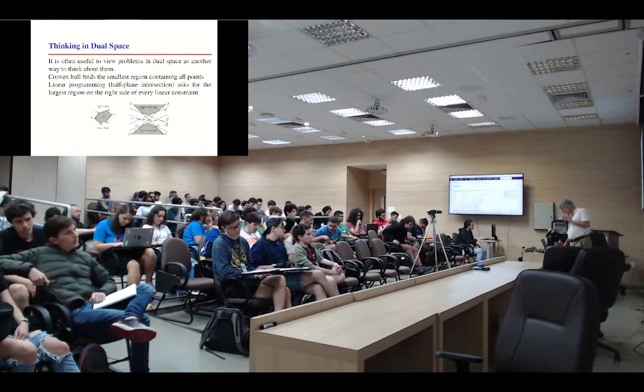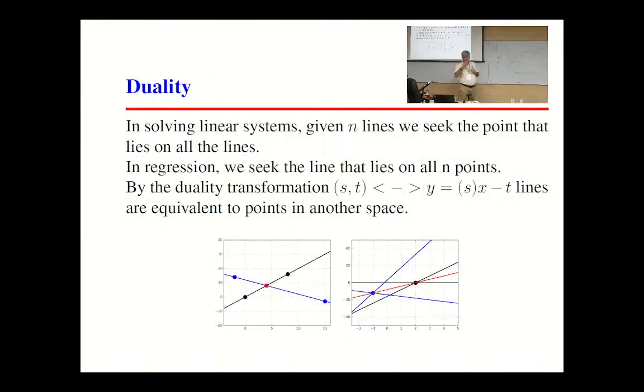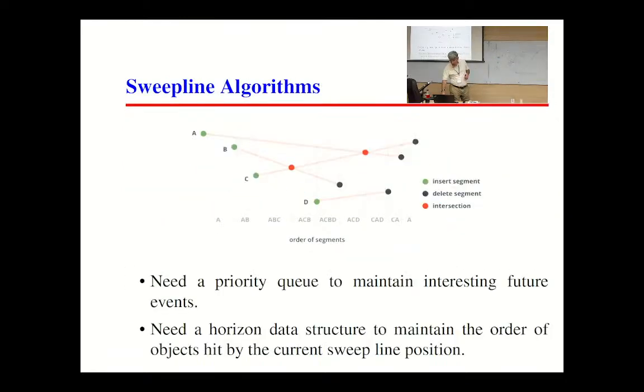As far as explaining it better, what are the important things to understand? There's two things I've talked about that are important. One is to understand the consequences of this duality transformation, and the fact that it turns lines that intersect through the same point into points that lie on the same line. That's the first part of this. And the other is to understand the idea of the sweep line algorithm.